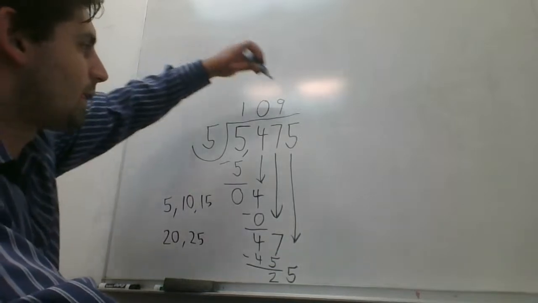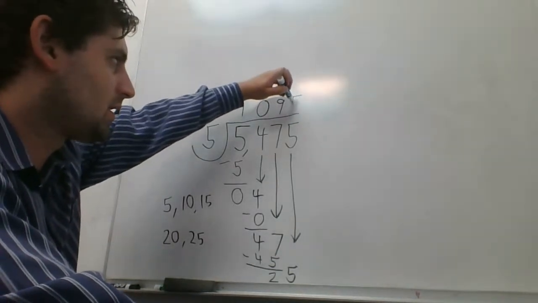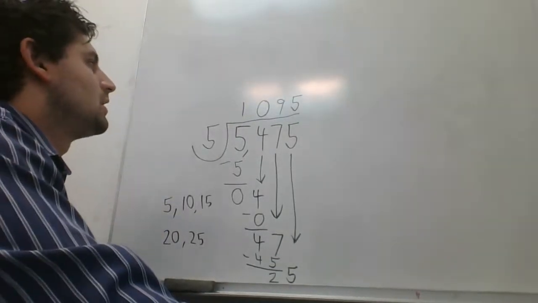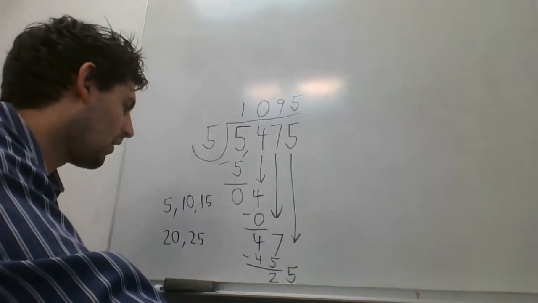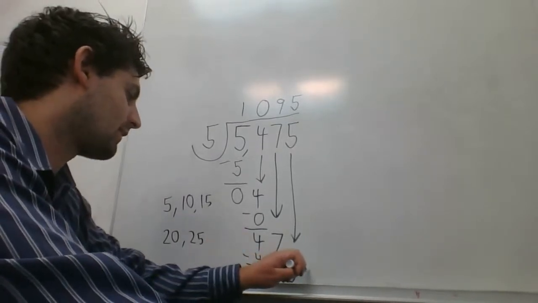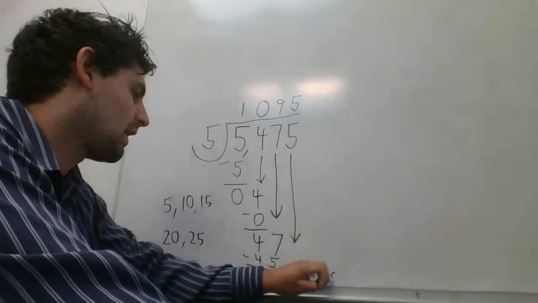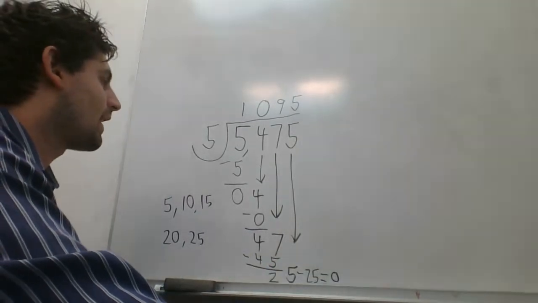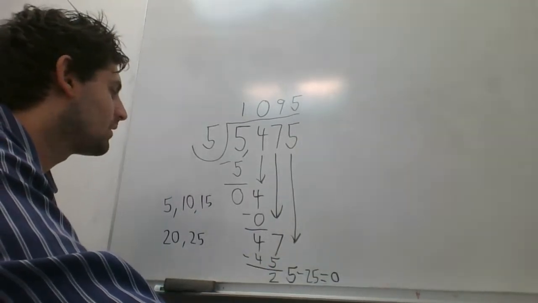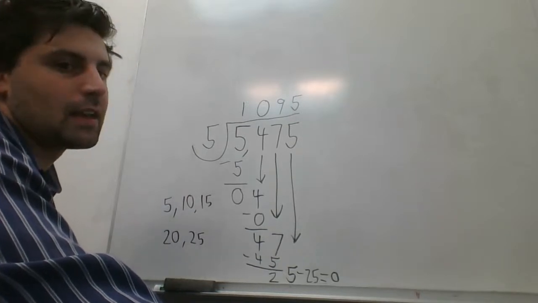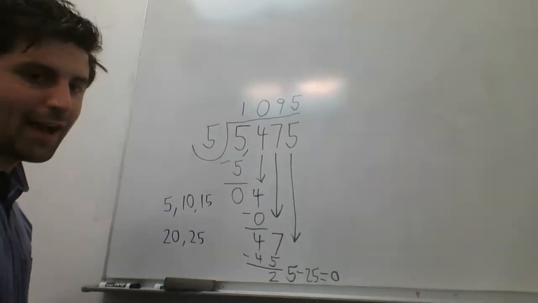So 25 divided by 5 equals 5. 25 minus 25 is 0. There is no remainder, and we have our final answer: 5,475 divided by 5 equals 1,095.